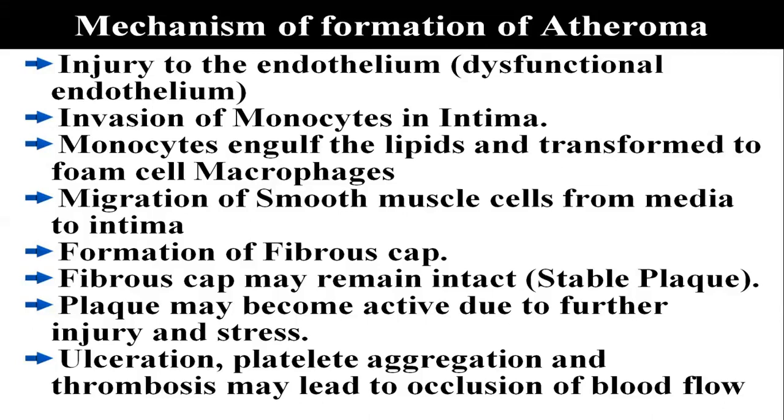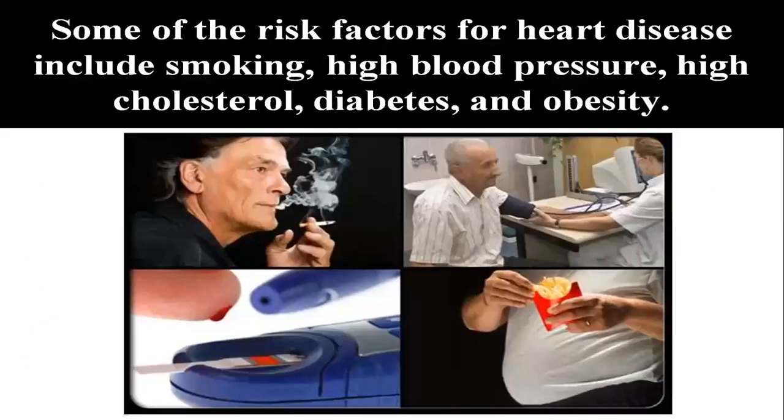Fibrous fatty cap may remain intact, or this fibrous fatty plaque may become active due to further injury and stress, and this leads to ulceration, platelet aggregation, and thrombosis, which may lead to occlusion of blood flow. This is the mechanism of the formation of atheroma.